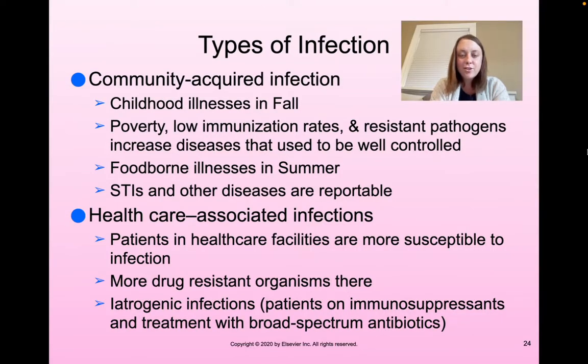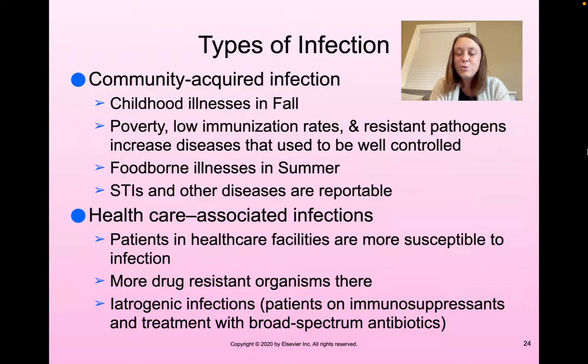When we're talking about infection, there are two main types of infection we're looking at: community acquired infections and healthcare associated infections. With community acquired infections, there are some common examples. Childhood illnesses often proliferate in the fall.